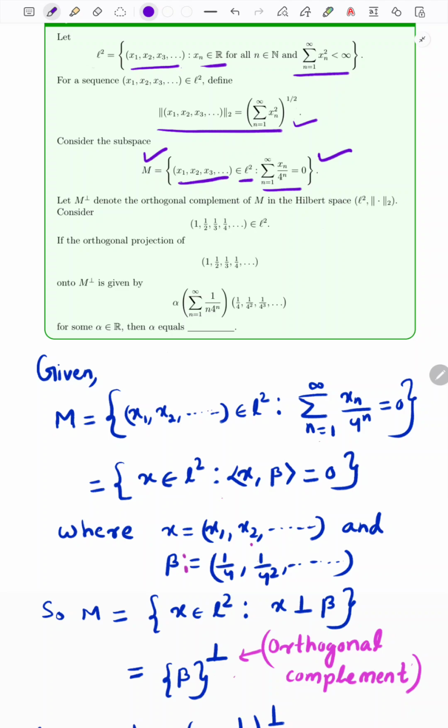Here M perp denotes the orthogonal complement of M in the Hilbert space L2.